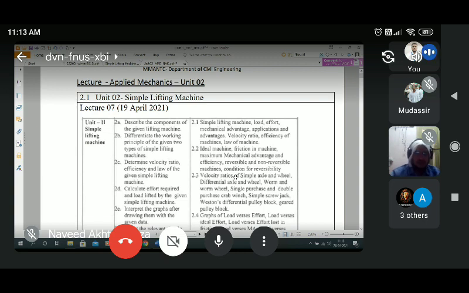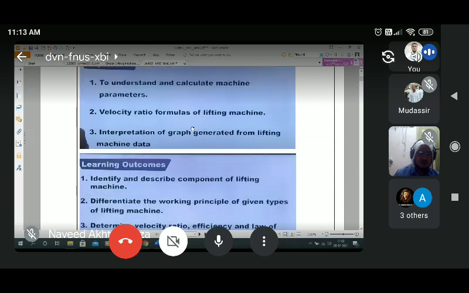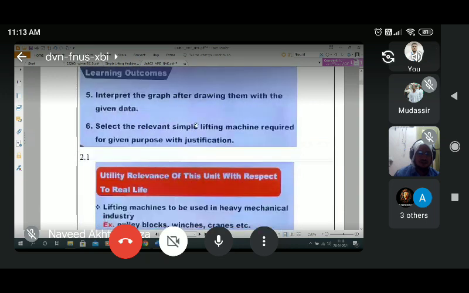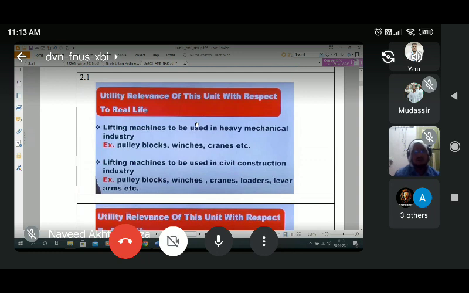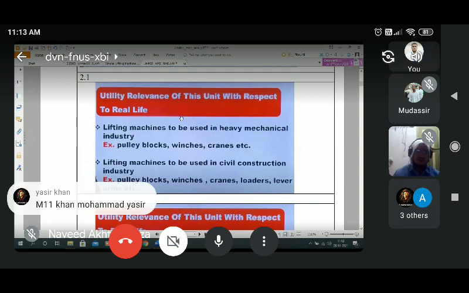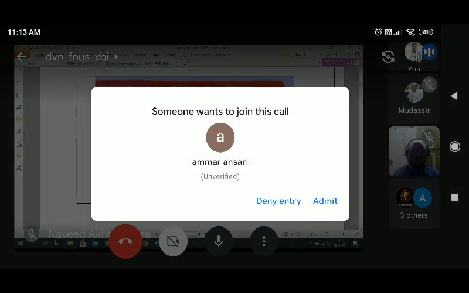In previous lecture number 7, we started unit number 2, that is the simple lifting machine, and in that we have seen the course outcome, learning outcome and unit outcomes of unit number 2, and the relevance of this unit with real life problems and its utility in real life.